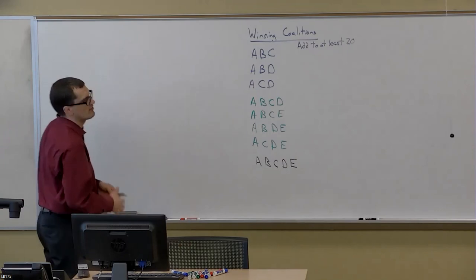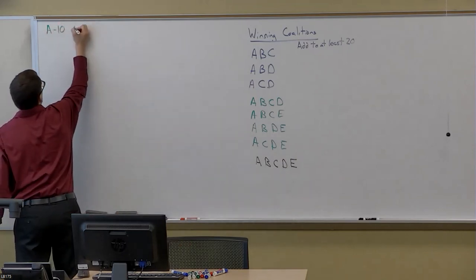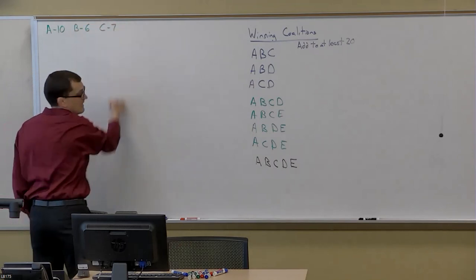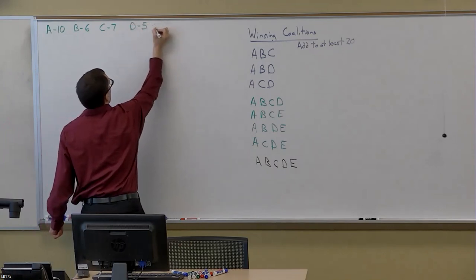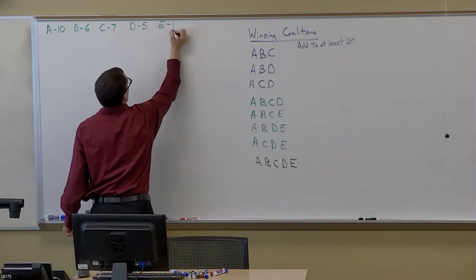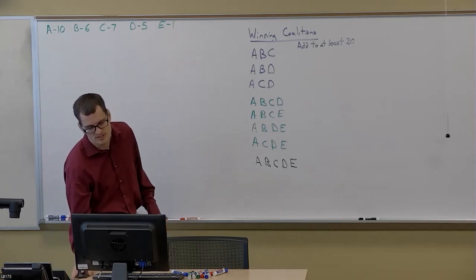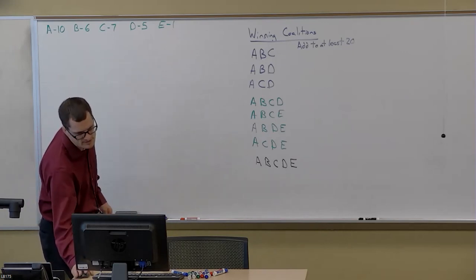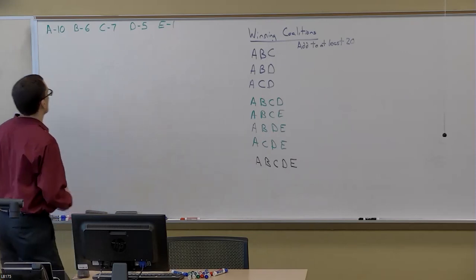So just so we're on the record, A has 10 votes, B has 6 votes, C has 7, D has 5, and E has 1. That's not important, I can still figure out critical players without knowing that.